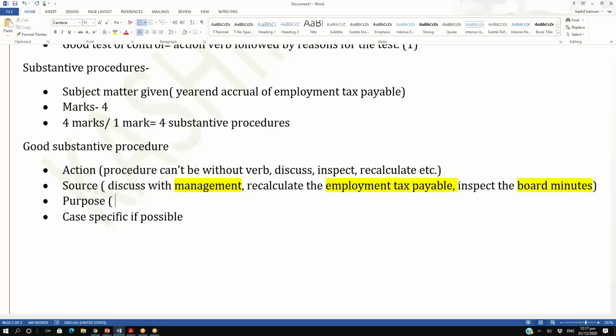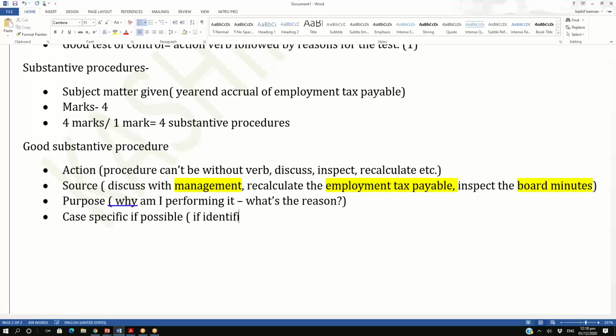Purpose. Why am I performing it? Ask this question to yourself. Why am I performing it? What's the reason? The reason becomes the purpose. Why are you recalculating the employment tax? To ensure it's accurate. The accuracy becomes its purpose. And case specific.